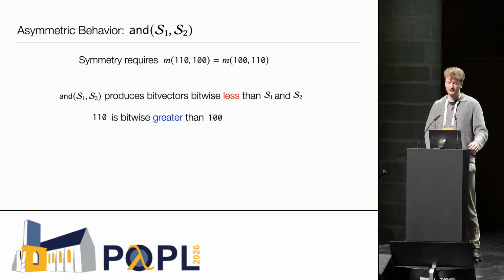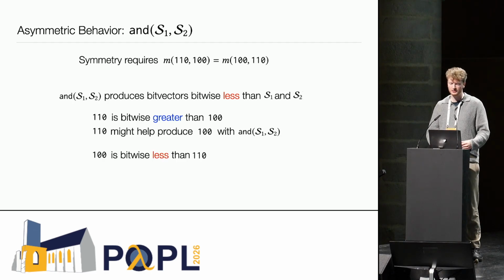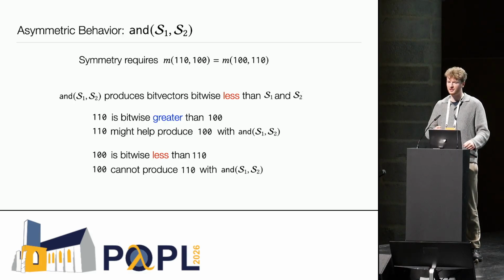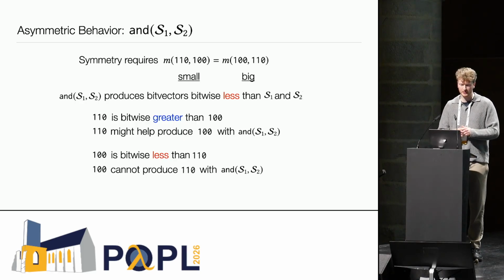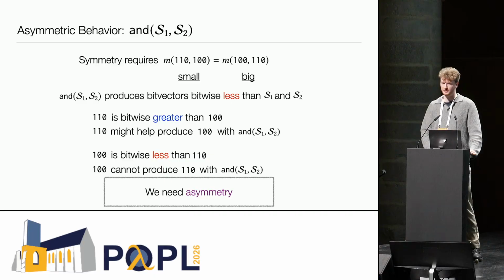So since 110 is bitwise greater than 100, 110 might help us produce 100 using the AND operation. But the other way around, 100 is bitwise less than 110, and thus 100 cannot produce 110 using the AND operation. And again, we might want to have an asymmetric metric here. So we want to have a small distance from 110 to 100, but a big distance from 100 to 110. And that's why we want asymmetry.